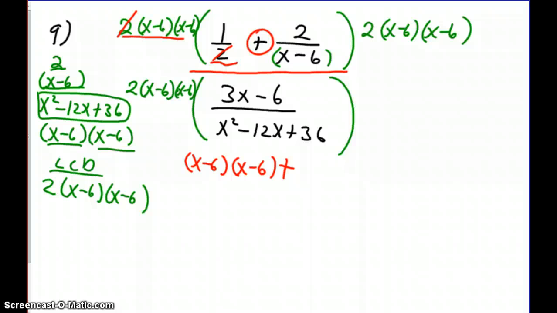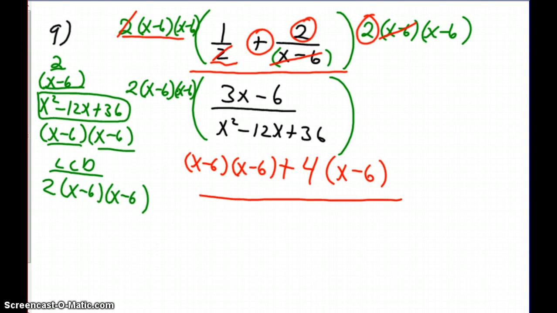Yeah, 1 x minus 6 is going to cancel. So that's going to give me 2 times 2, 4 times 1 x minus 6. Now multiply the bottom fraction by the LCD. What's going to cancel? The 2 x minus 6's will cancel. So it's going to be 2 times (3x - 6).